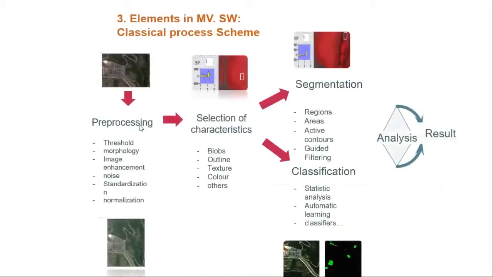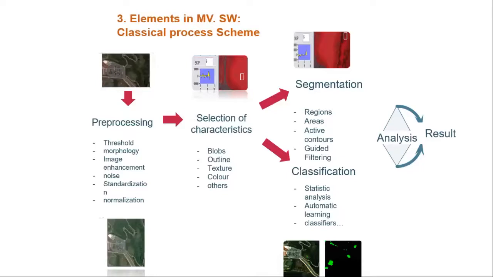Let me go on. The classical elements in machine vision, from the point of view of software: we have photonics, obtaining information. We have the image in memory, and typically the engineers developing this kind of application started with some kind of pre-processing, threshold, morphology and other things, then selection of characteristics based on the experience and tests that those engineers did.